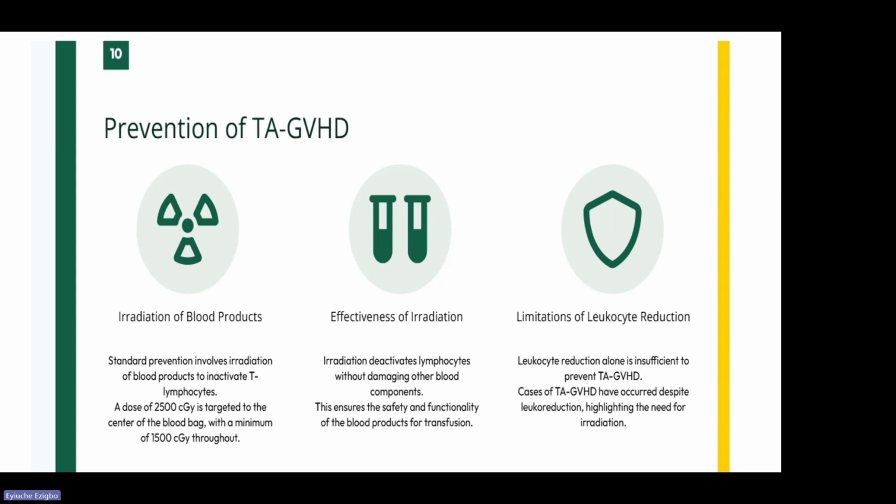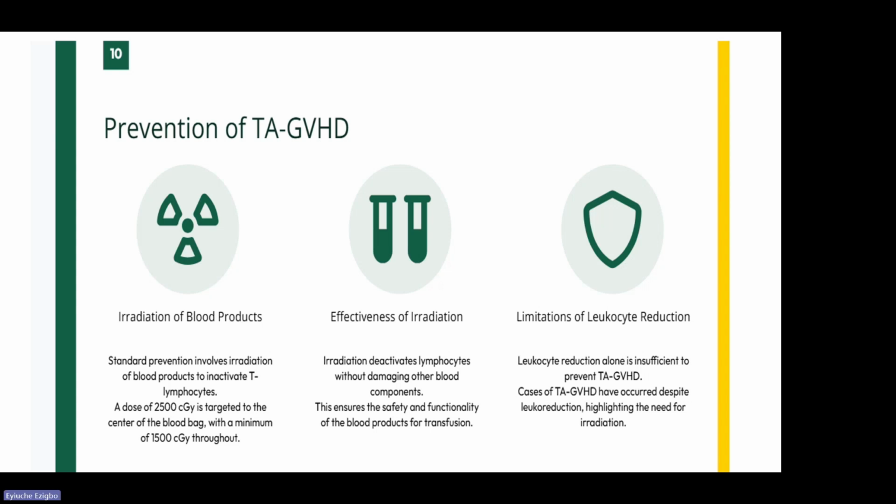Okay, effectiveness of irradiation. Irradiation inactivates T lymphocytes without damaging other blood cells, because it's targeted to the T lymphocytes. This ensures the safety and functionality of the blood products for transfusion.